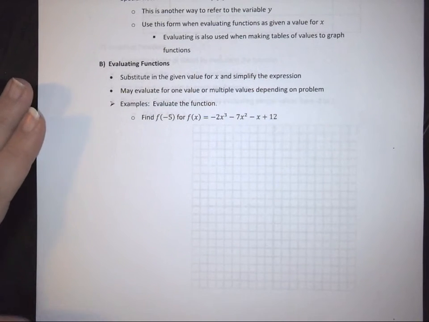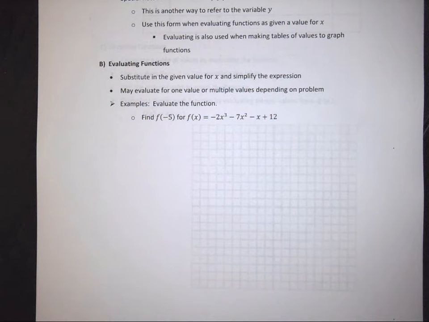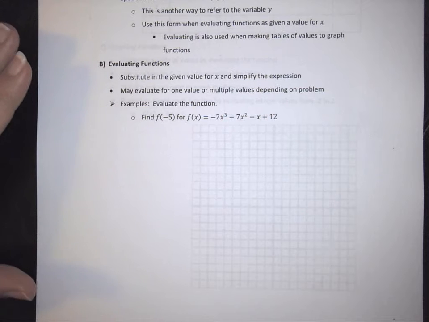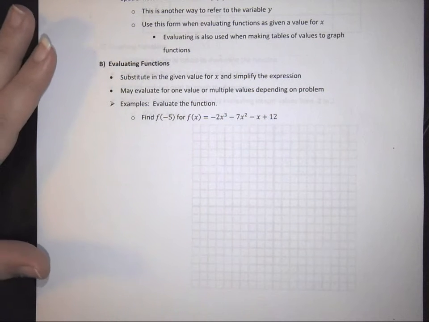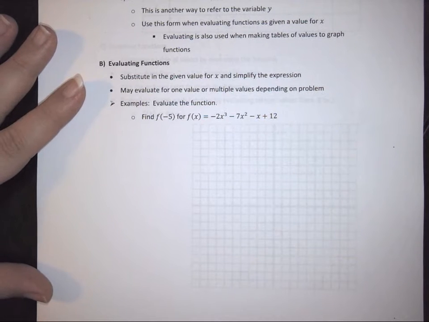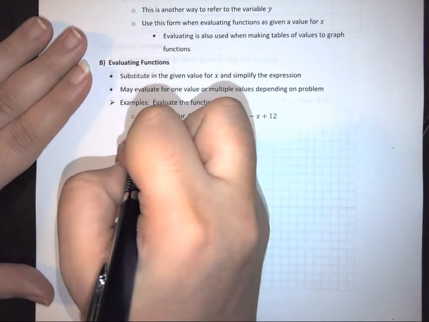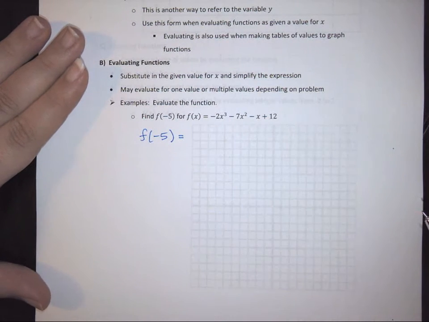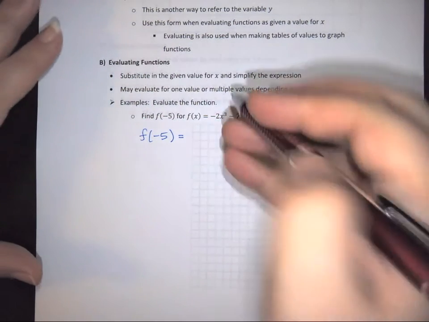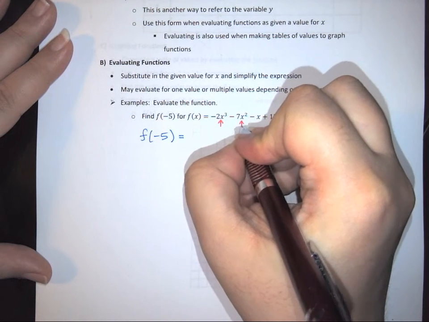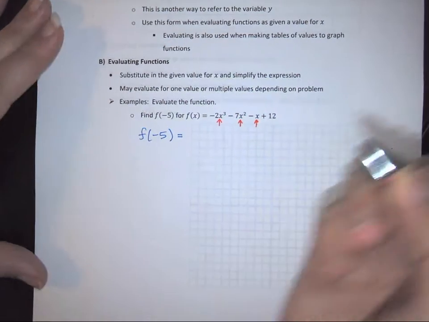So in looking at that, we need to find f of -5 for the function f of x equals -2x cubed minus 7x squared minus x plus 12. Essentially, anywhere I have an x value, I'm going to substitute -5. I'm going to substitute it into this one, this one, and this one.